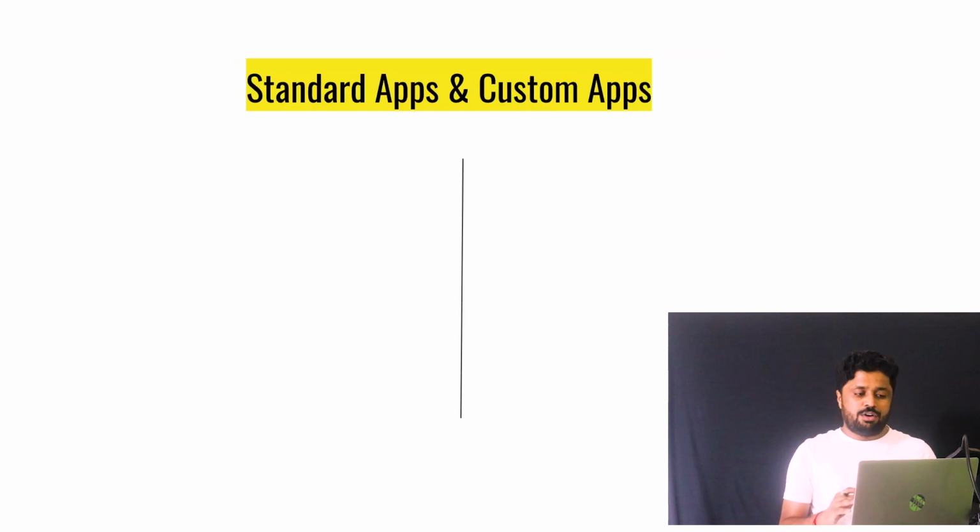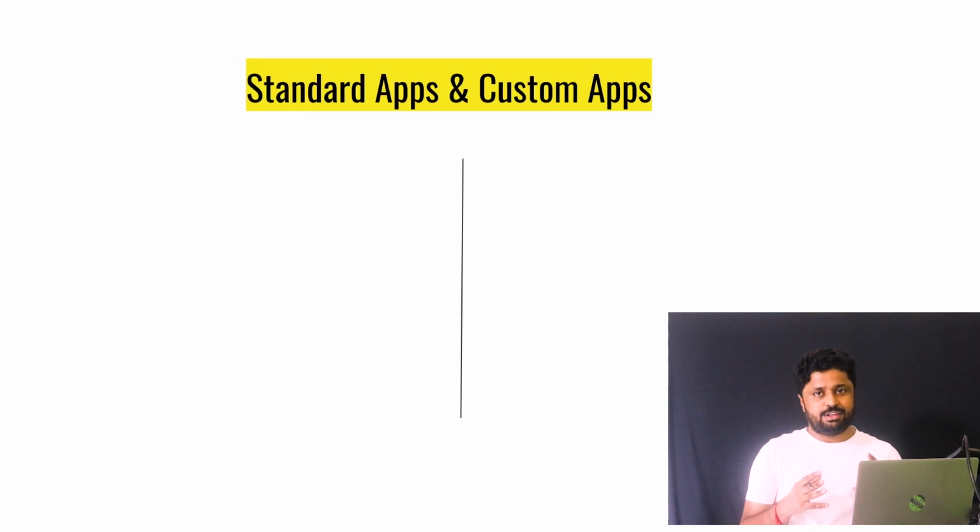Now there are two kinds of apps that exist in the Salesforce: the apps that are already provided by the Salesforce and the apps that we build. The apps that we build according to our requirement are called custom applications or custom apps. The apps that are already provided by the Salesforce are called standard applications.